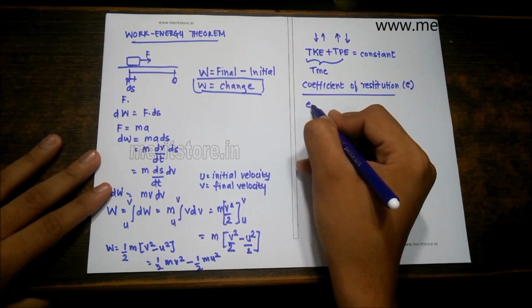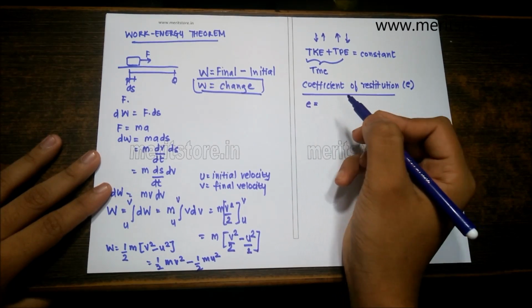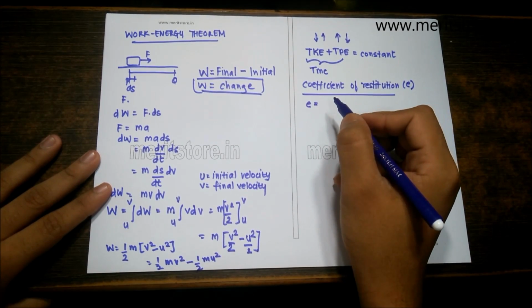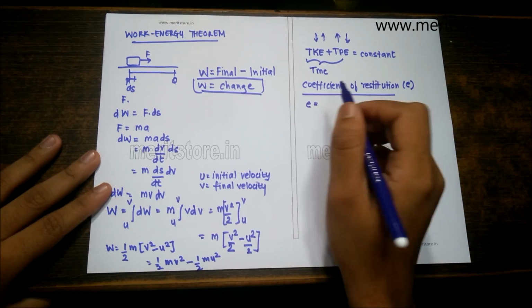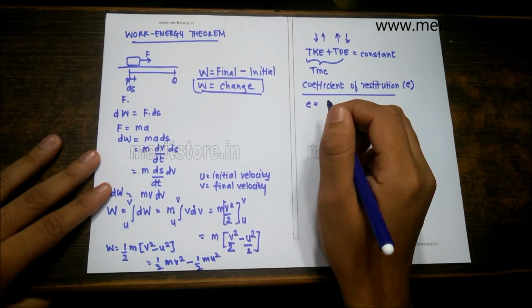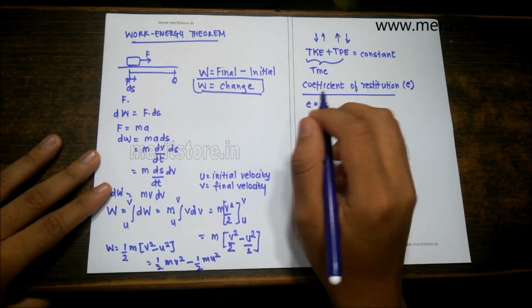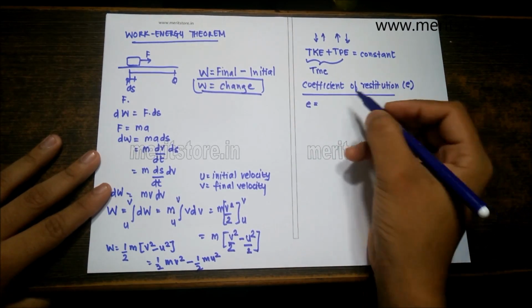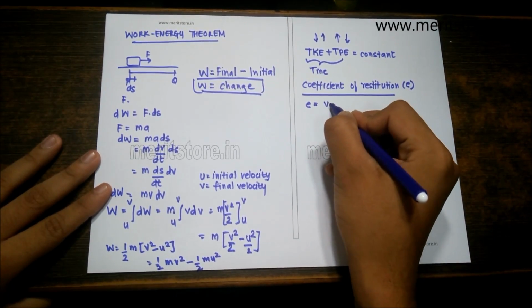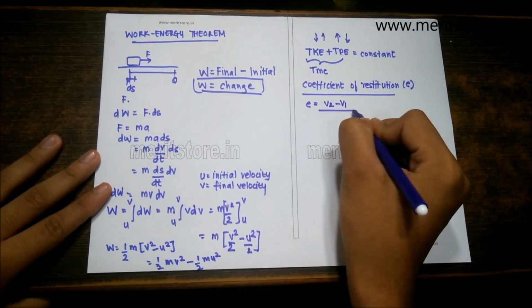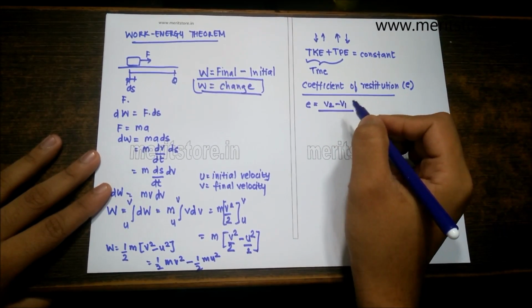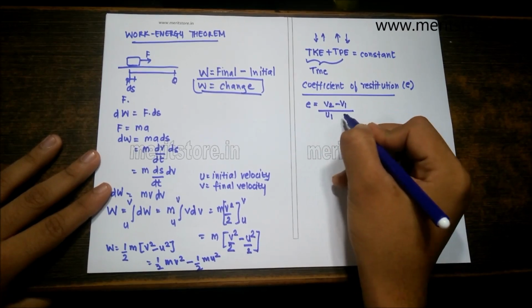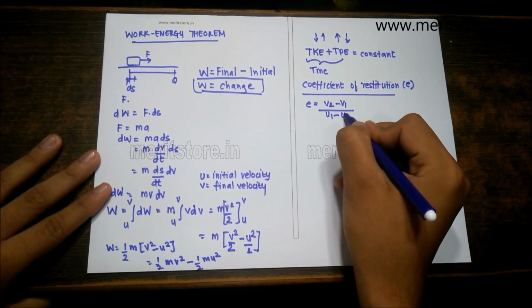This coefficient of restitution is basically the ratio of the magnitude of impulse during the period of restitution to that during the period of deformation, which actually means that it is the relative velocity after a collision, v2 minus v1, upon the relative velocity before a collision, u1 minus u2.